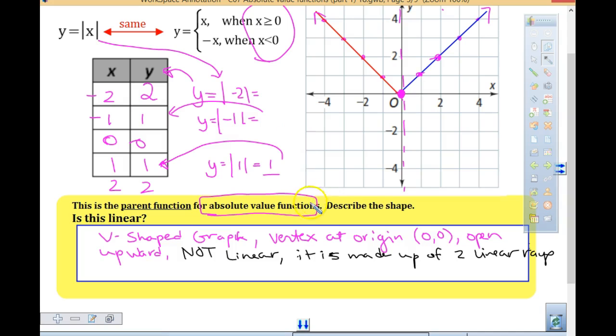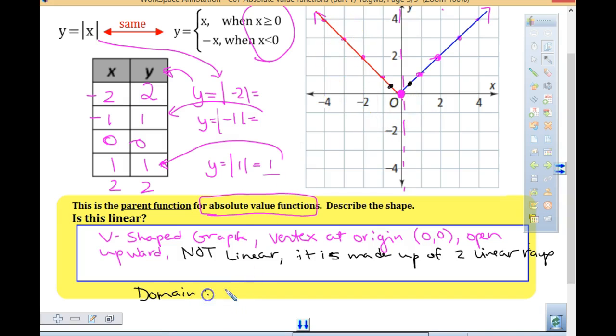If I asked you for the domain of this function, because that's going to keep coming up in this unit, what's our domain for this function? Can we put in any x value? Could I put in a half? If I put in a half, I should get 1/2. If I put in a -1/2, I get 1/2. If I put in -3.75, can I put that in? Yeah.